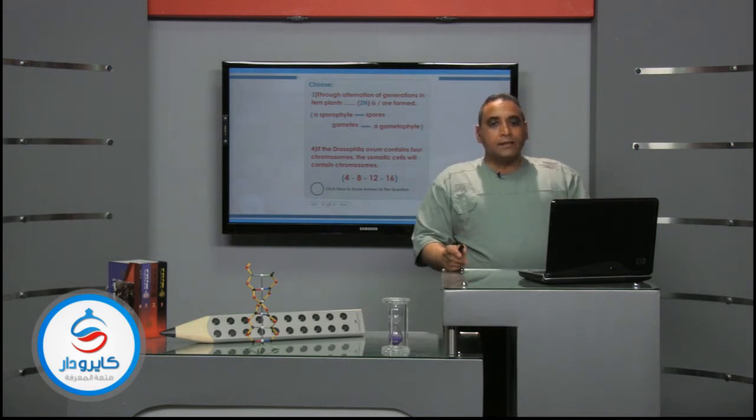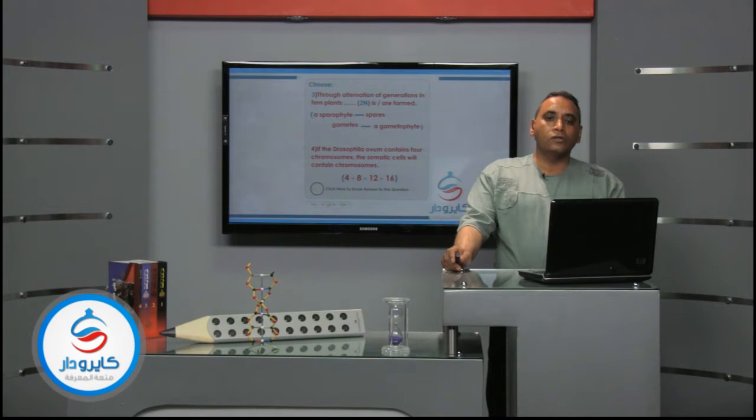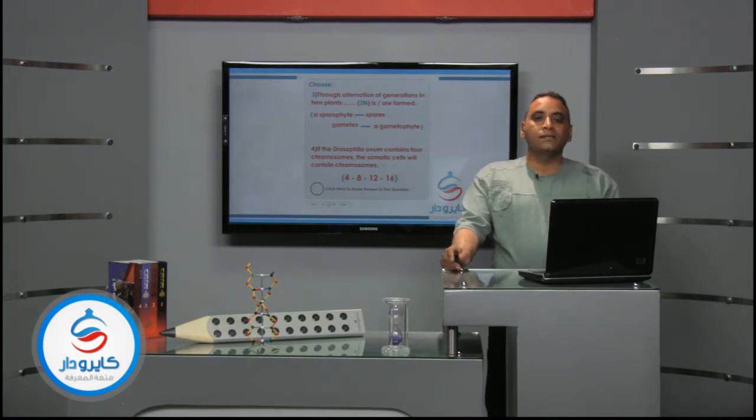But the next choice is in the Drosophila ovum. If the Drosophila ovum contains 4 chromosomes, the somatic cells will contain dots chromosomes. The number of chromosomes inside the somatic cells of Drosophila is 8.